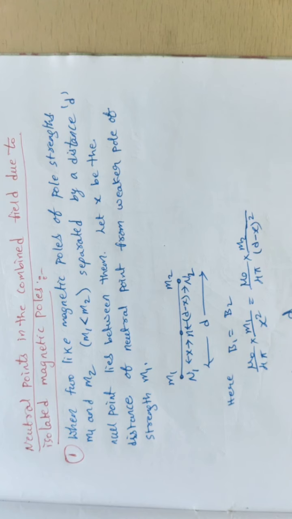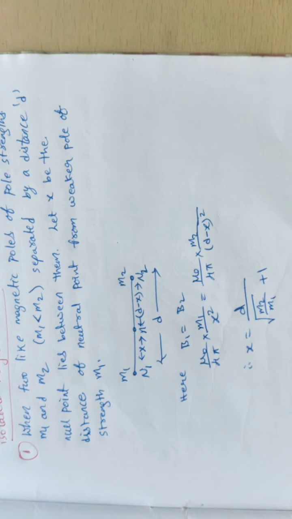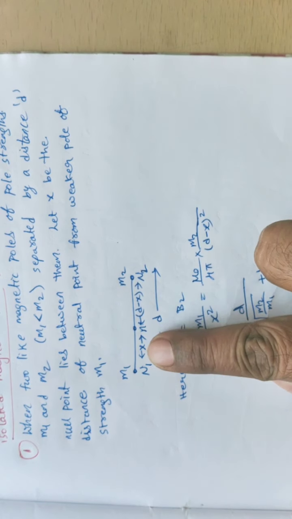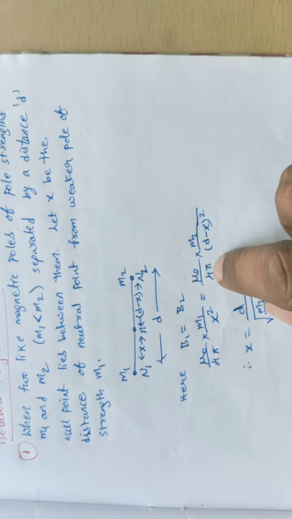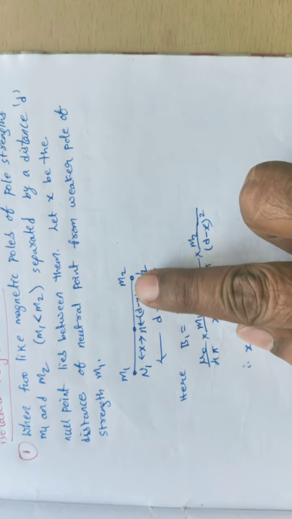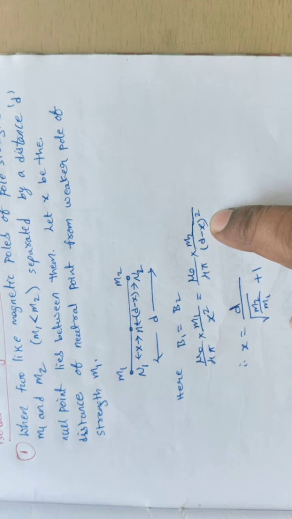Okay, students, then what will happen at null points? Equal magnetic inductions will be present, so we can represent it as B1 equal to B2. By the general statement for magnetic induction, mu naught by 4 pi into m1 divided by x square. Similarly, mu naught by 4 pi into m2 divided by, from here to here, how much distance is present, students? d minus x is present, so (d minus x) whole square.